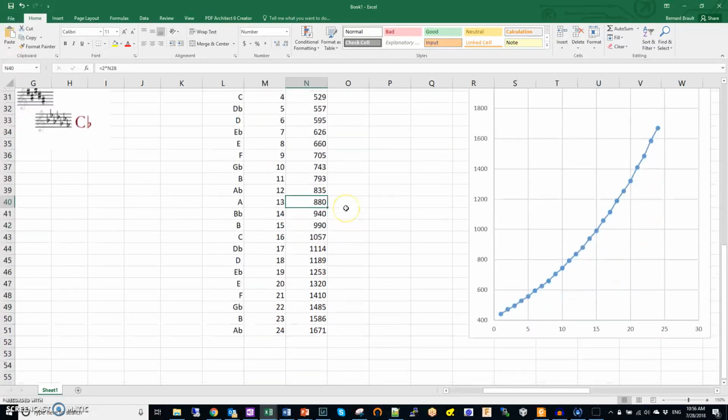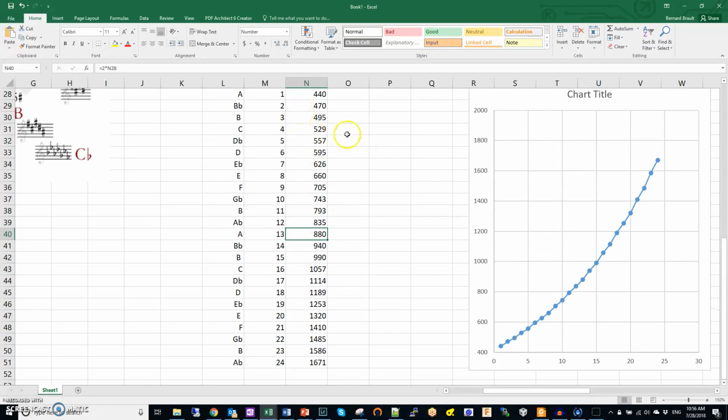All right? And if I plot this, frequency versus note, here's the plot. The first note is 440, here's the second note. If you were to play all the notes on a chromatic scale and tune your instrument the way I've just described, you'd be playing these notes, and this would be the fundamental frequency of all these notes.